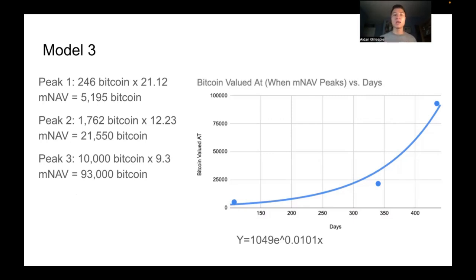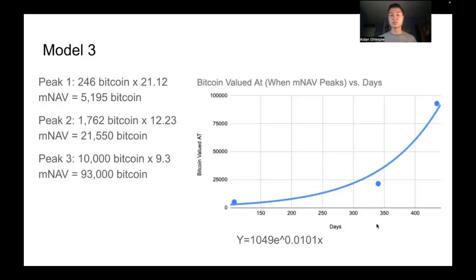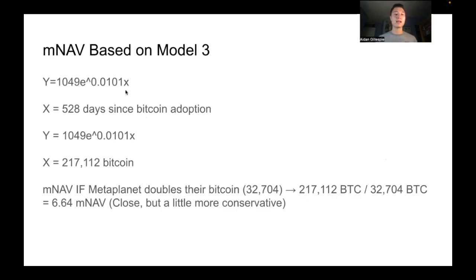And then I can use that to create another theoretical prediction on Metaplanet's price, because we're assuming that Metaplanet will double their Bitcoin holdings in the next 59 days. Based on this previous model, this is the equation that can model this graph. I put that equation back on this slide right over here too.